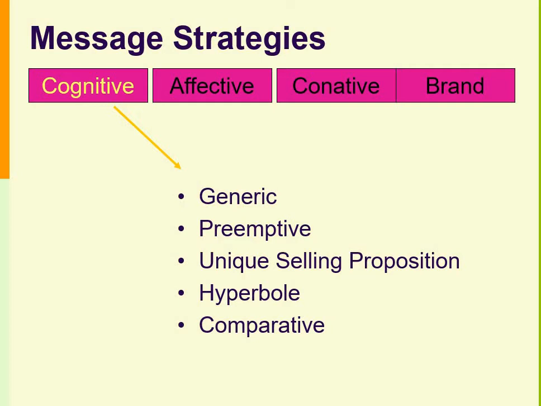But keep in mind, whenever we use a unique selling proposition, we must have a certain claim which is testable, or which can be testified by some source or through some characteristics or attributes of the product itself. When it comes to hyperbole, the messages are untestable claims.